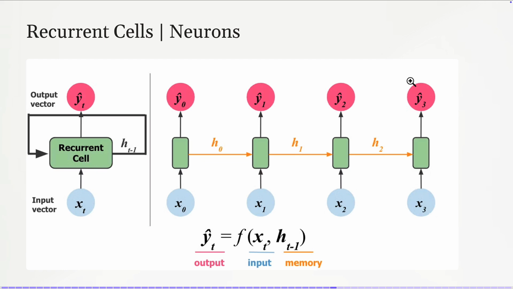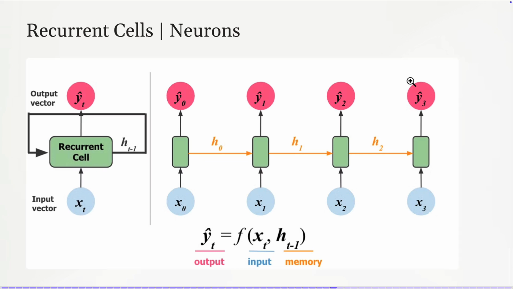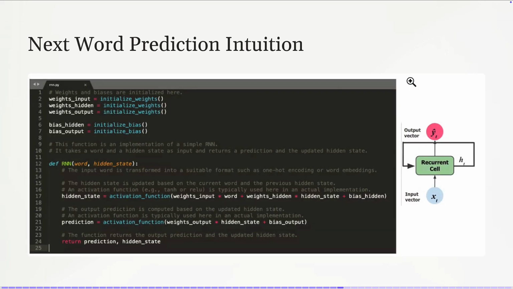So in this case, the inference will be based on the current state, the input, and the previous state. Recurrent neural networks are a great tool to capture the temporal relationship, but with some limitations, of course. This is pseudocode that represents how to do the next word prediction in a recurrent neural network. Because what is text generation?